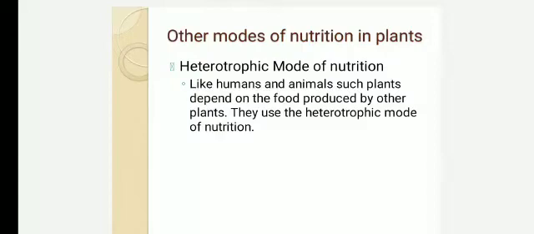So don't think that all plants undergo the autotrophic mode of nutrition. There are certain other plants which use the heterotrophic mode of nutrition too.